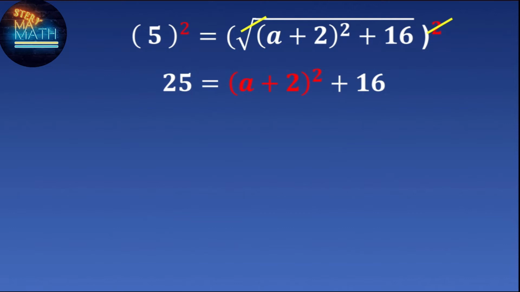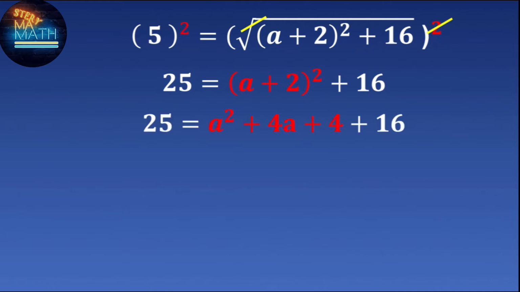Now you want to expand the parentheses, which is a plus 2 squared. You can multiply the parentheses by itself, or you can multiply the first term by itself and the second term by itself, and don't forget to multiply the first term by the second term by 2.